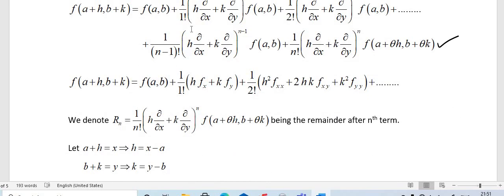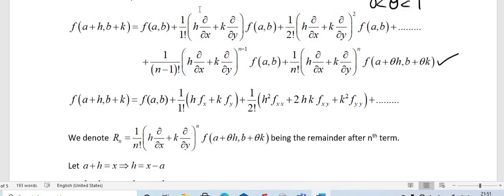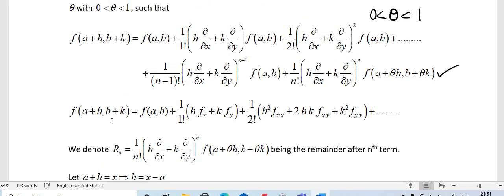Here everyone observe: f of a plus h comma b plus k as it is, f of a comma b as it is, 1 by 1 factorial as it is, h also as it is, dou by dou x of f is denoted by fx, dou by dou y of f is denoted by fy, 1 by 2 factorial as it is.